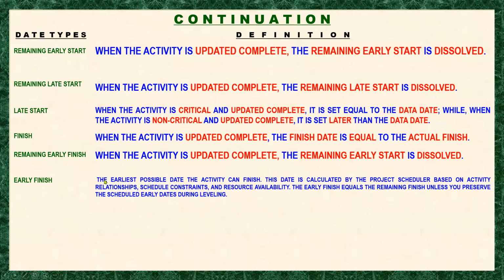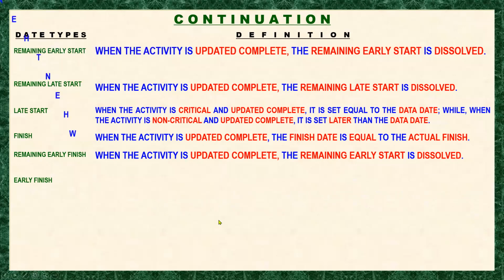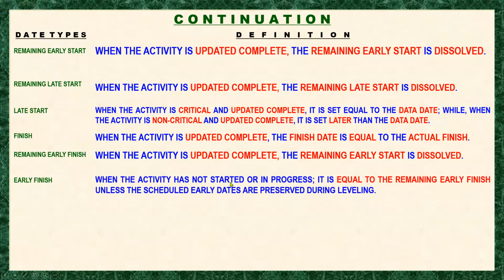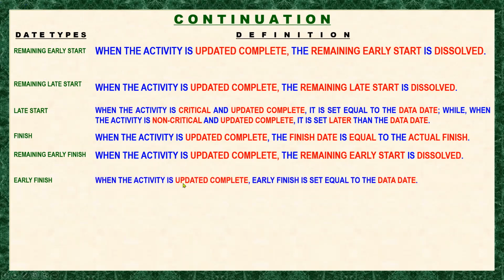So this is according to Primavera P6. And ours is when the activity has not started or in progress, it is equal to the remaining early finish unless the scheduled early dates are preserved during the leveling, which is to be taken later. And when the activity is updated complete, early finish is set equal to the data date.